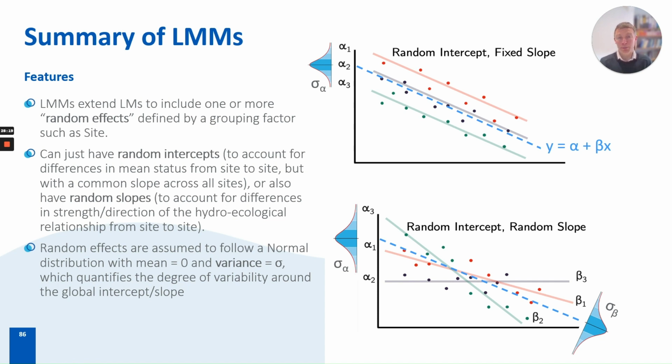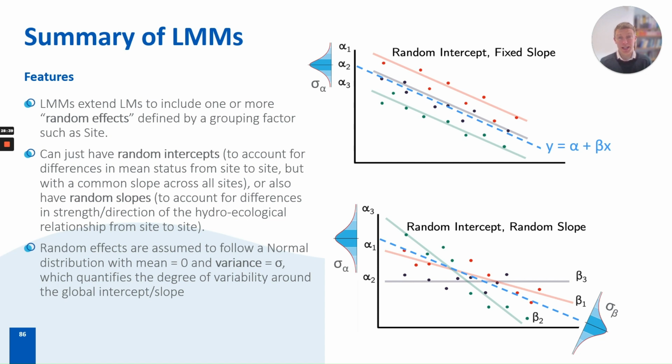Or we can have a model which has a random intercept and a random slope, as shown at the bottom. Here, the global relationship for the whole data set is adjusted so both the intercept and the slope of that line can change and be variable for each site in our data set.